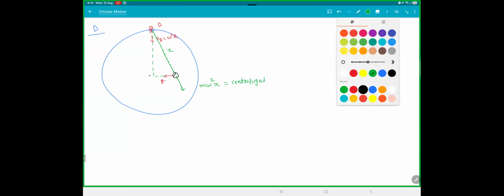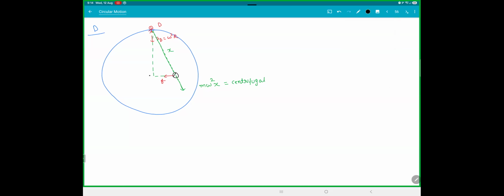And since I'm accelerating, there is one more pseudo force, which is mass into acceleration of D. This is m omega square capital R. This is your linear pseudo force. I hope this is making sense, what is happening. There are two different pseudo forces. Now, when you draw the FBD, you can take this angle to be some theta. This is R and this is small r.